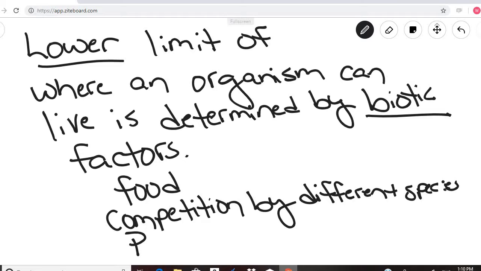What predators are there that could impact whether an organism can live there? So the upper limit of where they can live is determined by abiotic factors, and the lower limit is determined by biotic factors.